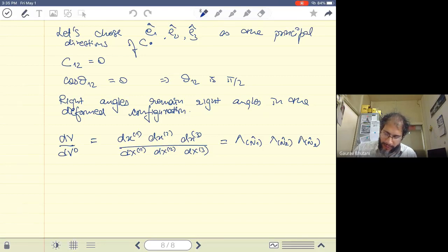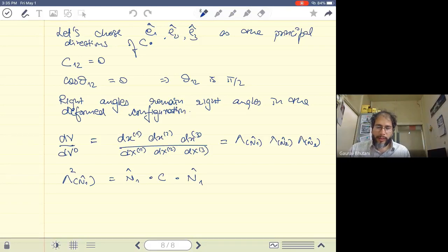So if I try to write my lambda square n1 hat, it is nothing but n1 dot c dot n1. Okay, that's the definition of the square of stretch ratio.